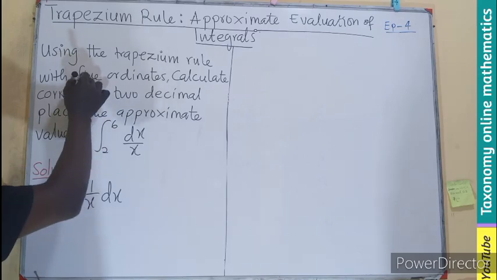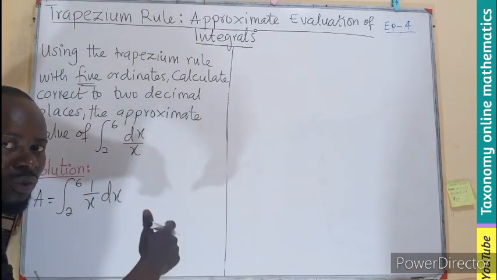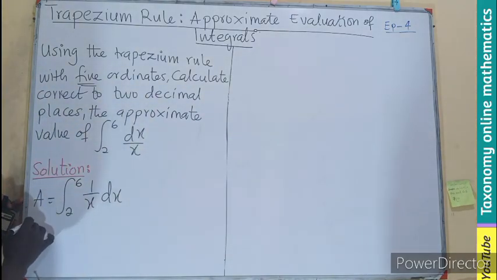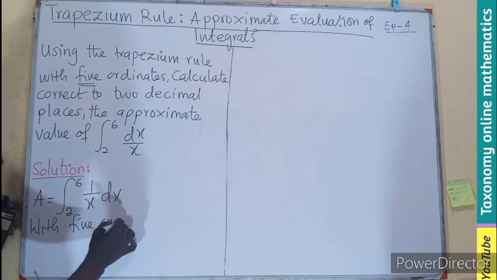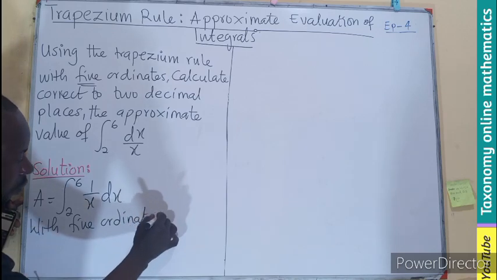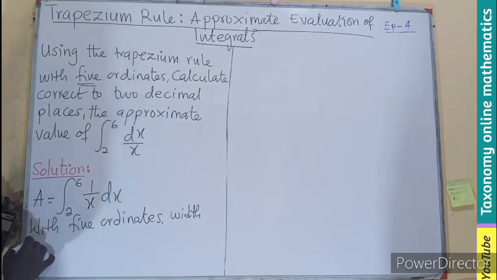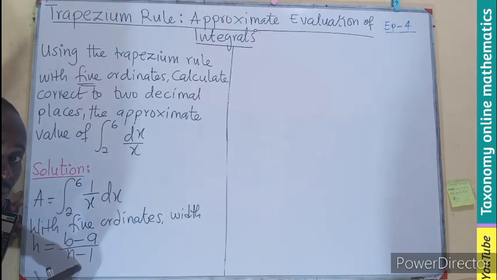So we are using 5 ordinates. Simply put, that is not the number of sub-intervals. We need to know the width of the trapezium. So with 5 ordinates, the width is going to be b minus a divided by n minus 1. Remember, we are subtracting 1 from it.